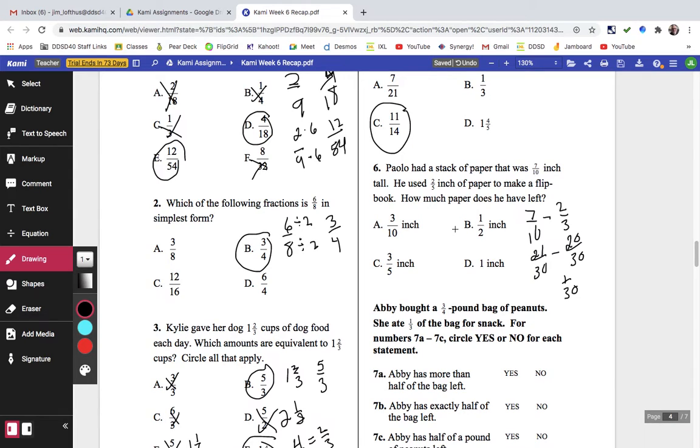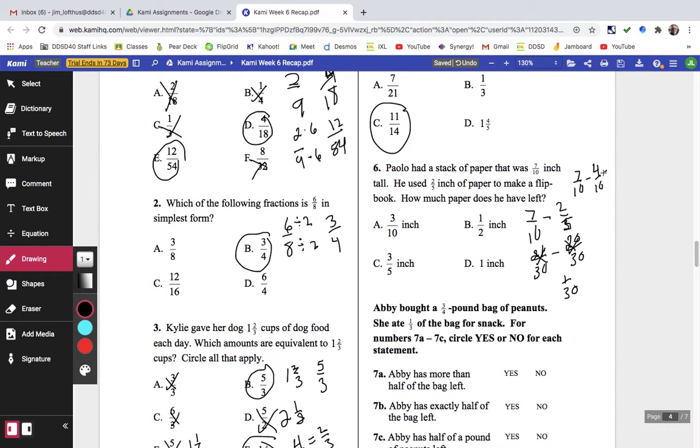And I'm going to find my mistake. I said 2/5 right here instead of 2/3. So I'm going to change this right here to a 5. And we'll change our common denominator to tenths. So this is going to be 7/10 minus, let's see, 2/5 would be 4/10.